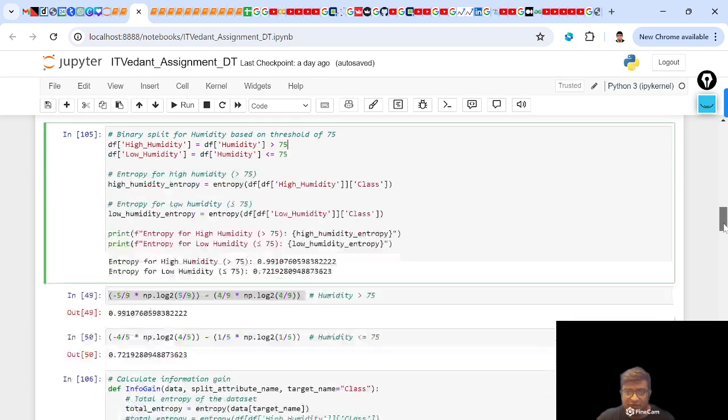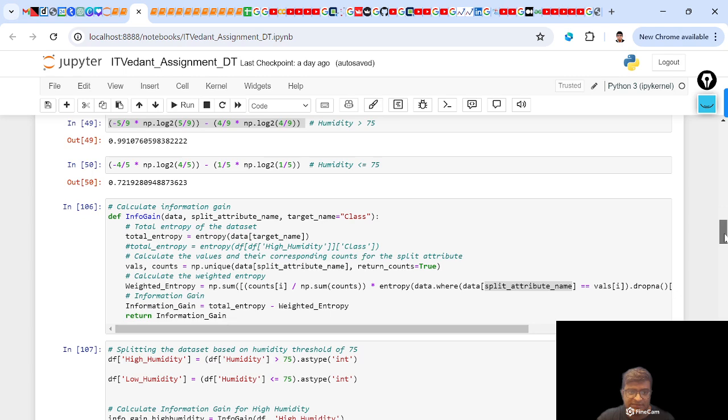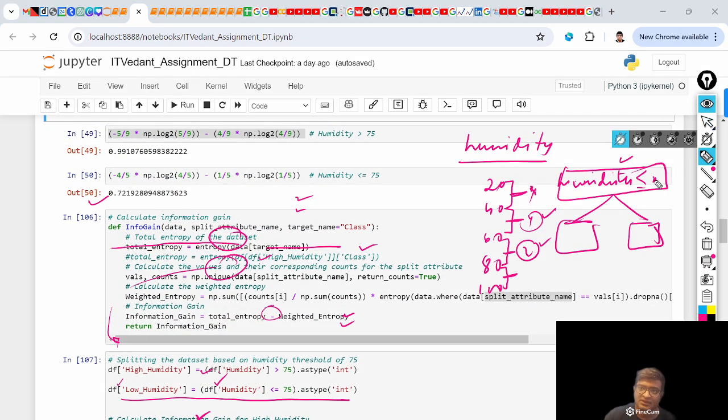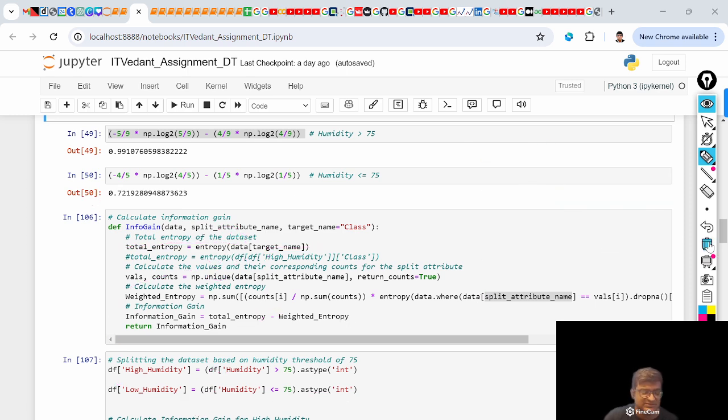Once we have found out the entropy, now same thing, we have to find out the information gain. Okay. So information gain, in this case, because it is a binary class, I'm creating a function called InfoGain. In that, I'm calculating the total entropy.